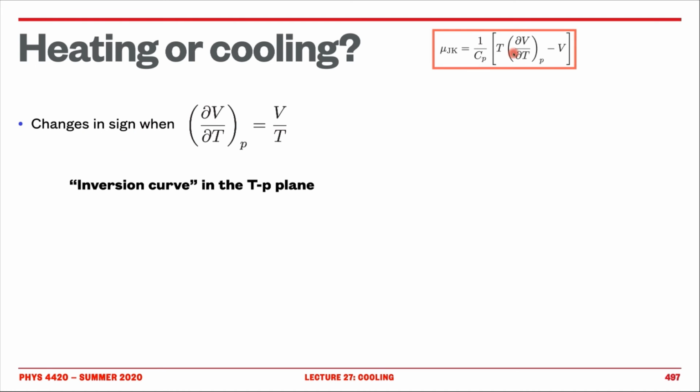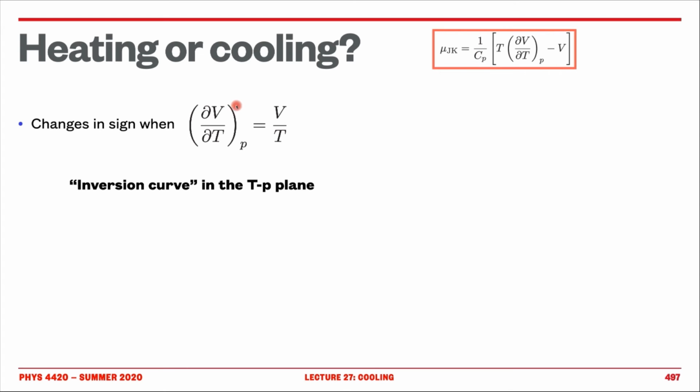This is going to change sign, so it's going to be either positive for an increase in temperature, so warming, or negative for a decrease in temperature, for cooling. And the crossover between cooling and warming is going to happen when this term here is equal to V over T. So in other words, when the change is zero, because it goes from positive to negative continuously.